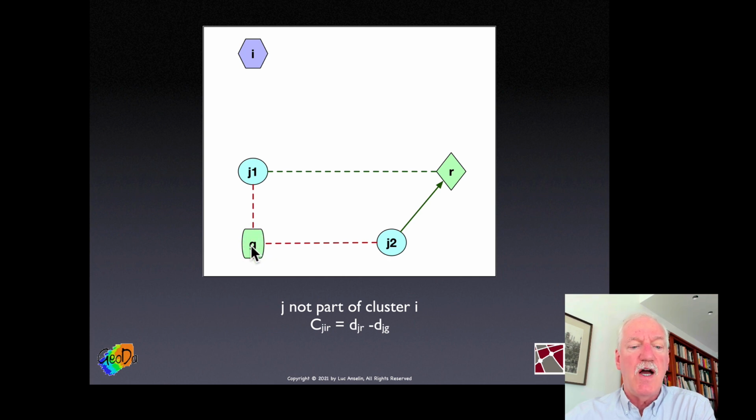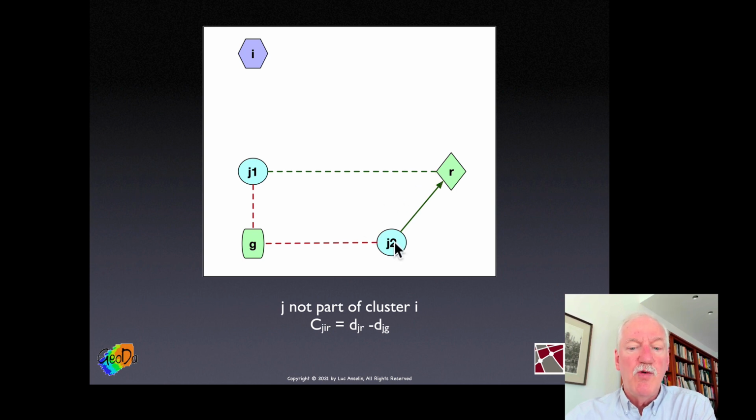So if J is not assigned to I, that means it's assigned to G. Then it could either stay with G, because it's closer to it. In that case, nothing happens to the objective function.